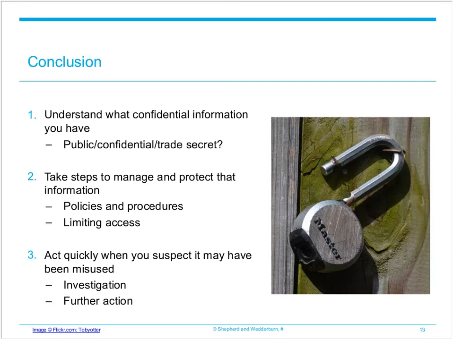Firstly, the more people that are given access, the greater the chances of eroding what's called the necessary quality of confidence that the information must have to be capable of legal protection. And second, the more people that are given access to it, the greater the risk that it will be shared more widely or misused. Controls should be put in place to restrict access to the documents in electronic and hard copy format, and when they are confidential, this should be marked on the document.